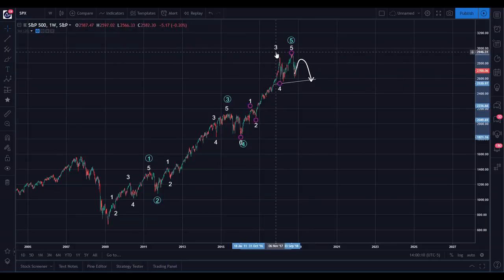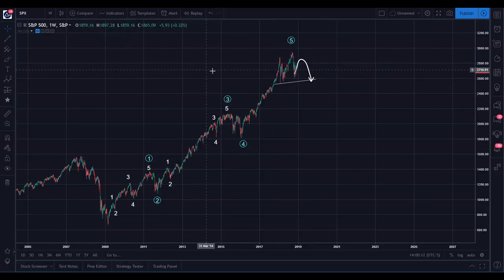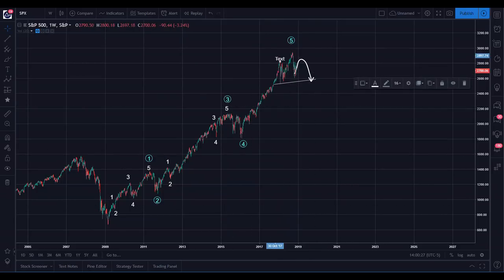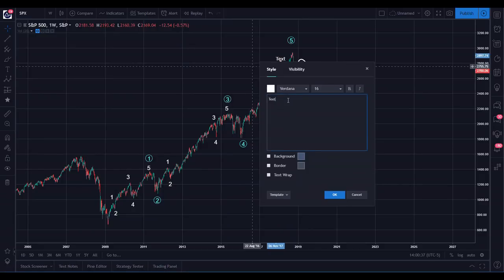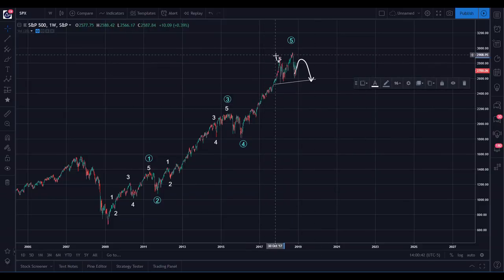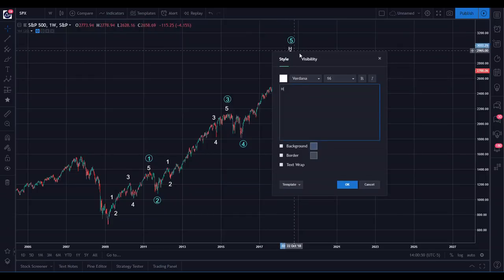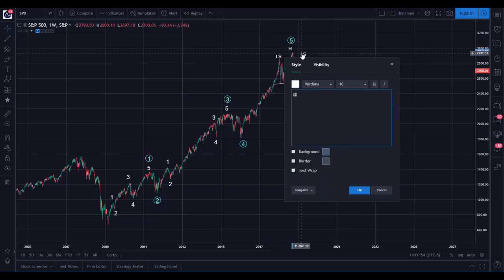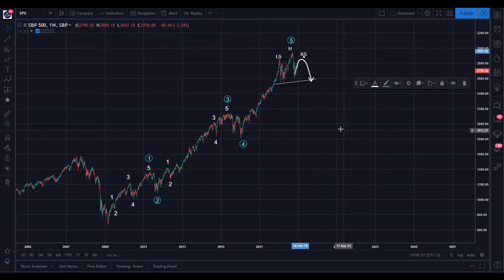So what we will be looking at could be the left shoulder on this, that's already complete. So we have the left shoulder being in place now. The head is also complete. And the right shoulder is in progress.